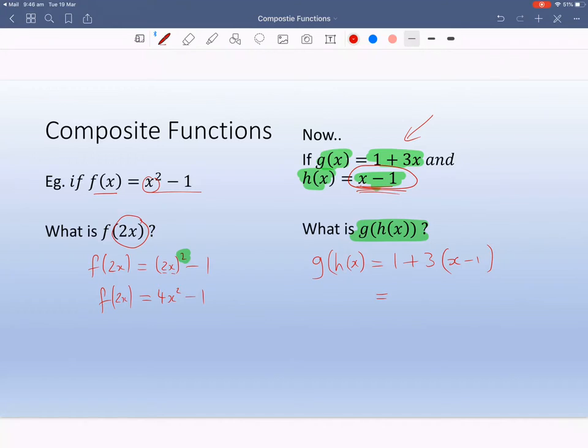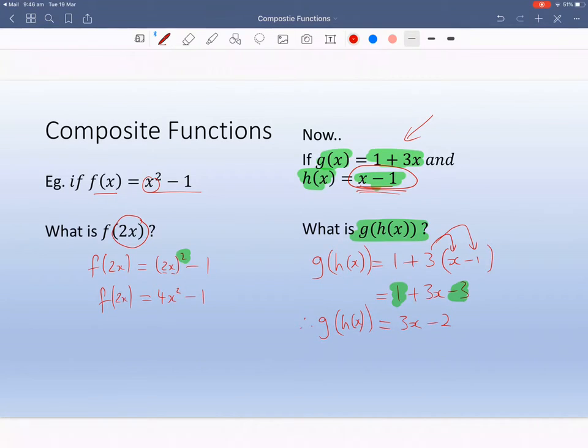And then I just go in, 1 plus, and then I ski jump it, 3x minus 3. Now I can combine like terms. So that's going to be 3x, and I think it's negative 2. Okay, so therefore g of h of x equals that.